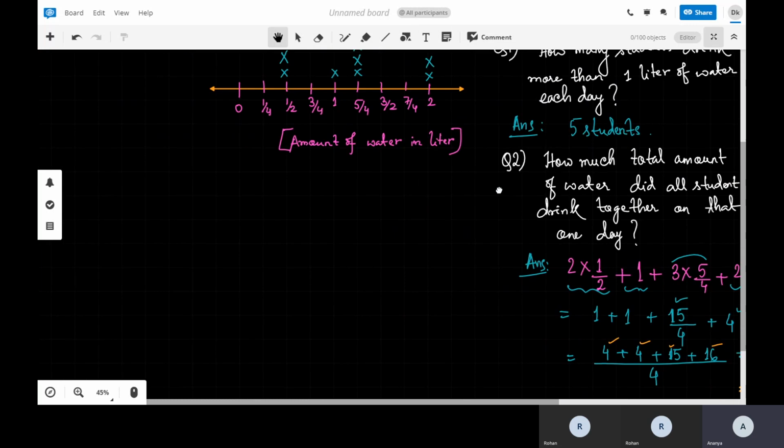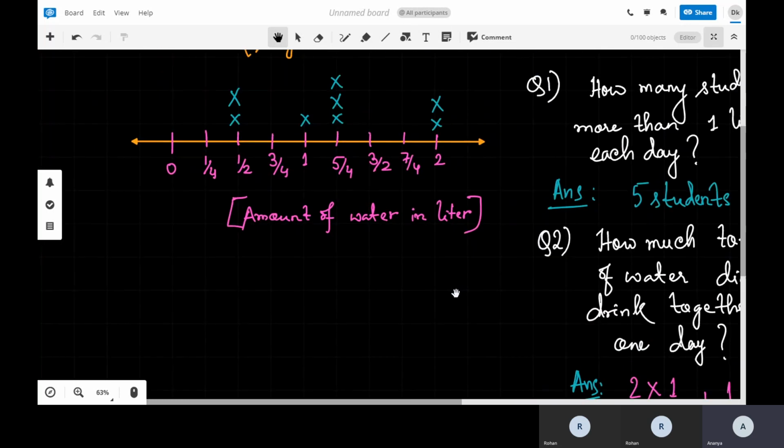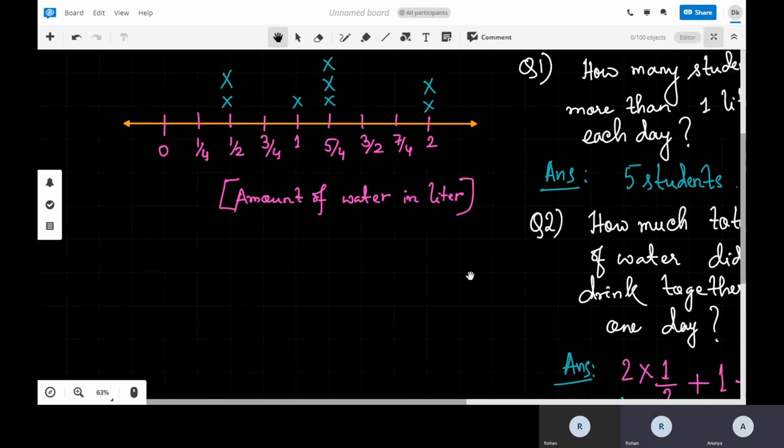That's great. This was the second question on the line plot. Now let's have the third question.